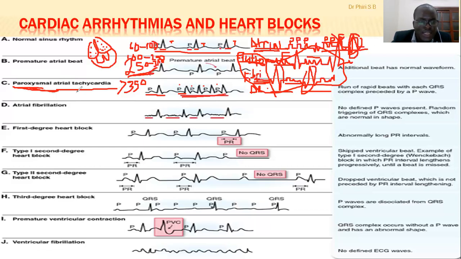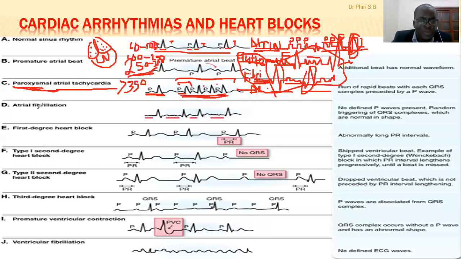This is sudden, that's why it's called paroxysmal atrial tachycardia. Sometimes you have a normal rhythm and then a sudden tachycardia. You can see the heartbeat has increased here. Then you have normal rhythm, and you can have another tachycardia. These are called paroxysmal atrial tachycardia.